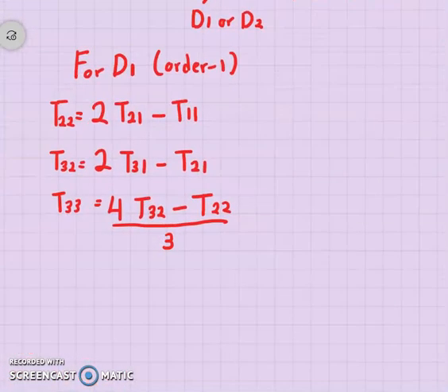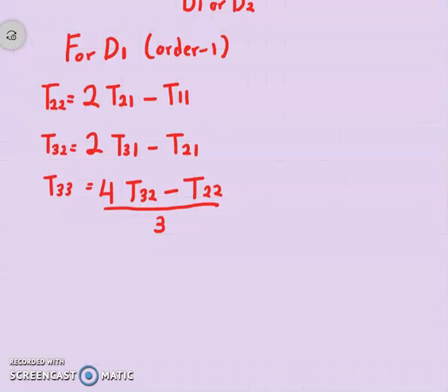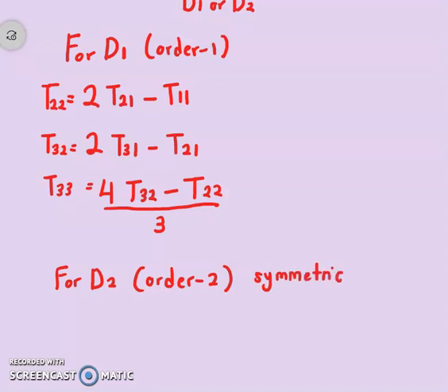Now for D2, it is order 2 and is symmetric. So since it's order 2, it will start with 4 and 3. To find T22, I will have 4 T21 minus T11, divided by 3.